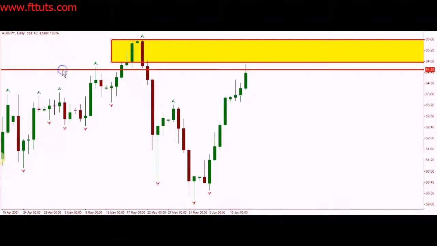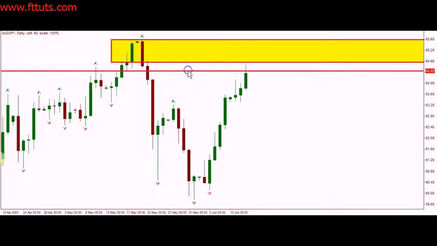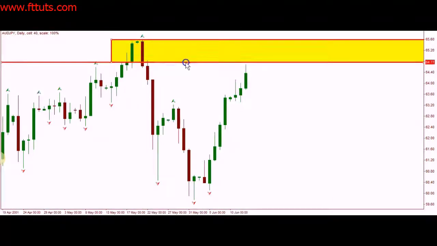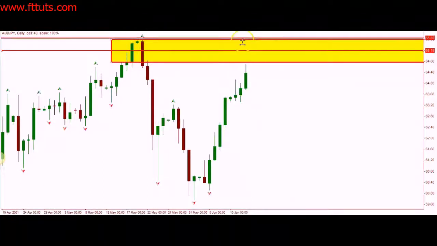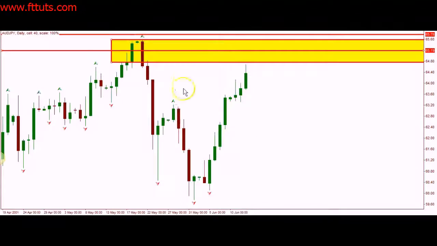Now there's a couple places you could put your price entry. You could put an entry right there. You could put an entry in the middle of the zone, all right, with a stop loss a little bit above the zone. So I would have had a stop loss up here. So let's put a stop loss there. We're going to put our entry at the middle of the zone.